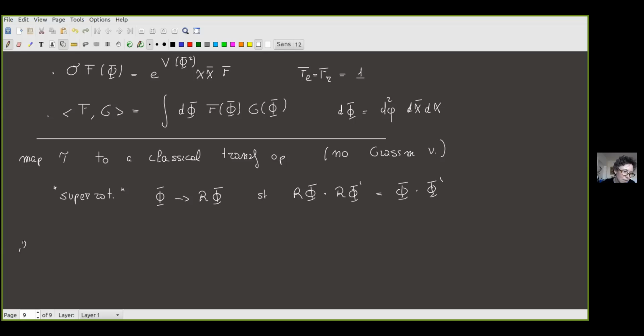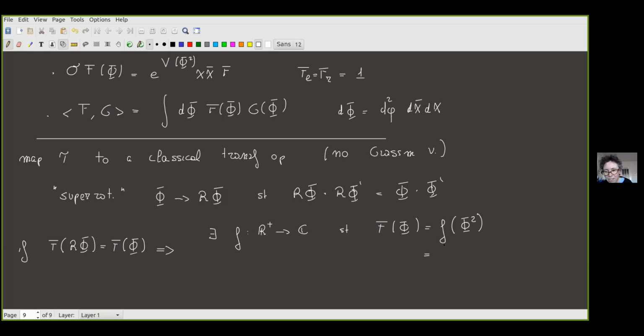Okay, and now comes the following result. If my function is invariant under super rotations, then I can represent my function as an ordinary function. So first, there exists a function little f, defined on R plus with complex values, such that capital F of phi is little f computed in phi squared.